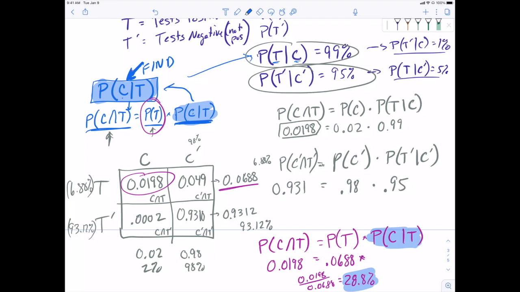Wow. The probability, if we have a positive test, that we actually have COVID is only 28%. It's less than 50%. So it's terrible.